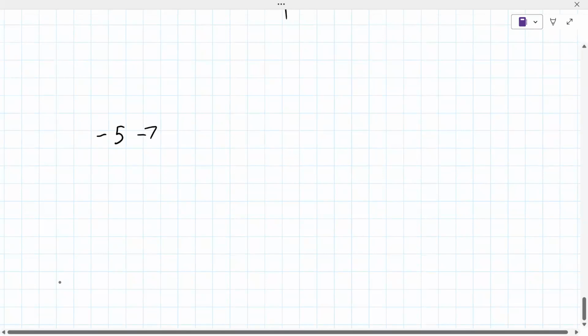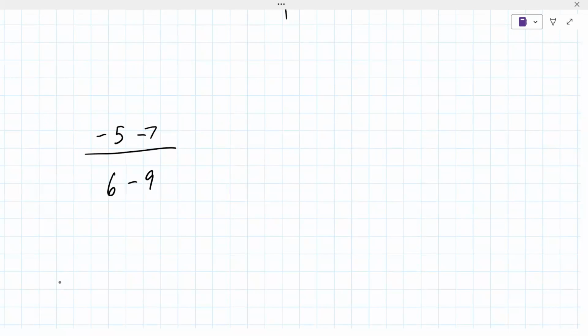Let's say it's -5 minus 7 over 6 minus 9. Could you simplify this for us, please? Sure.